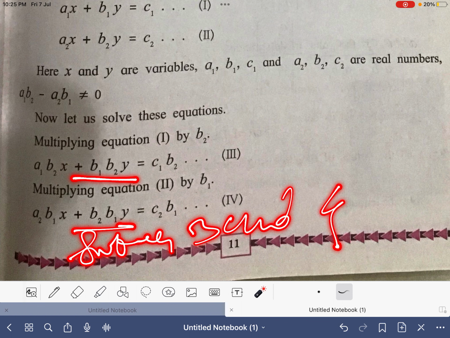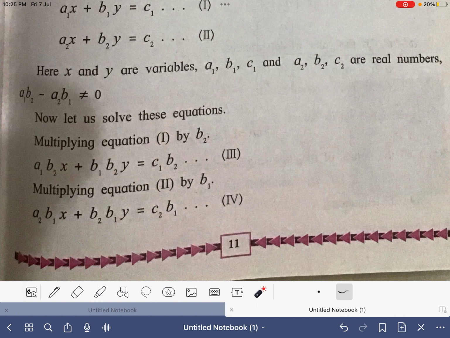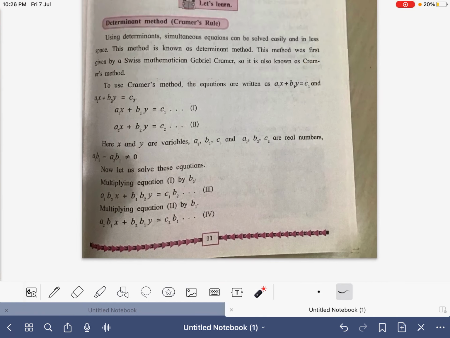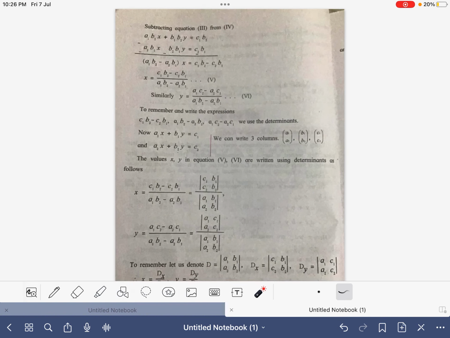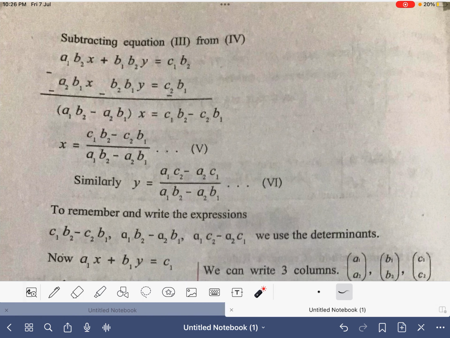What is our next step? Take the subtraction of equation number 3 and equation number 4. You will eliminate the term y and you will get an answer for x.